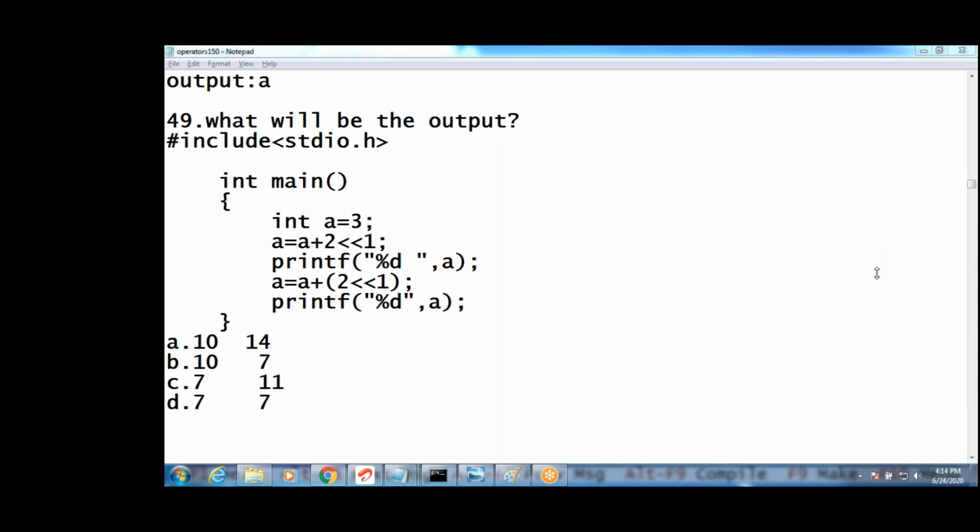Int main, a equals 3. Which option is correct, guys? Quickly write. Which option is correct?